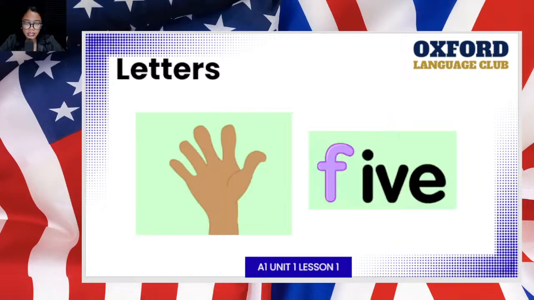Our word is five. Again, say it with me. Five. What's our letter? F. How do we pronounce it? What's our word here? Five. Now, five is a number, but today we're just learning the sound, okay?